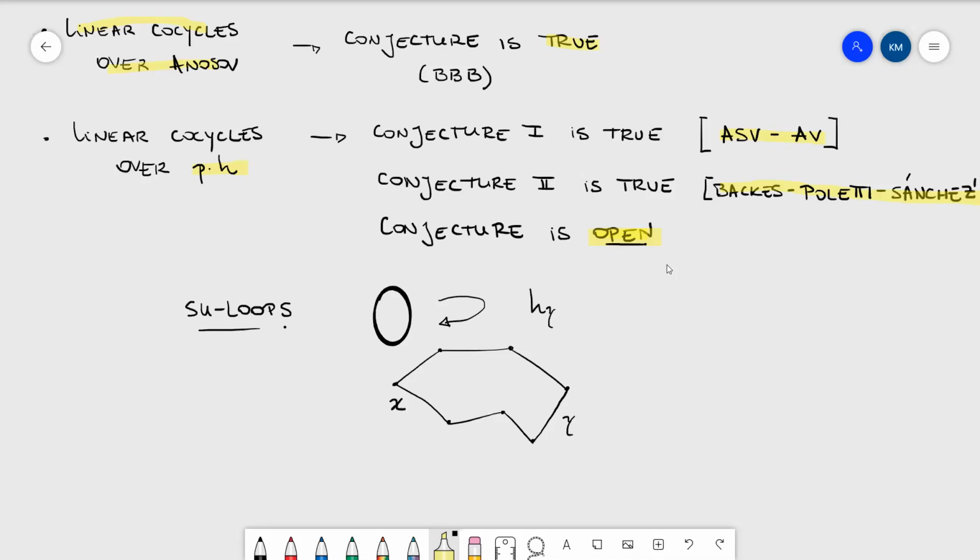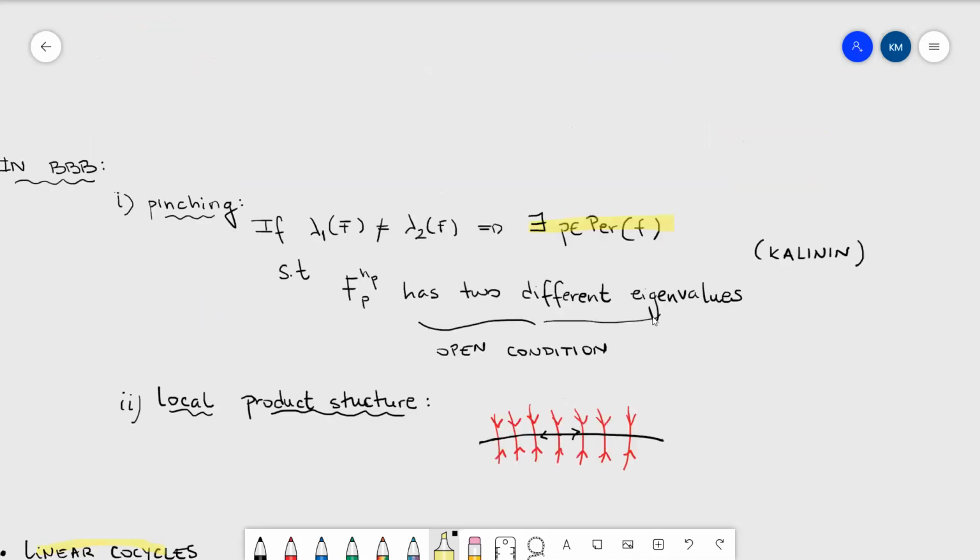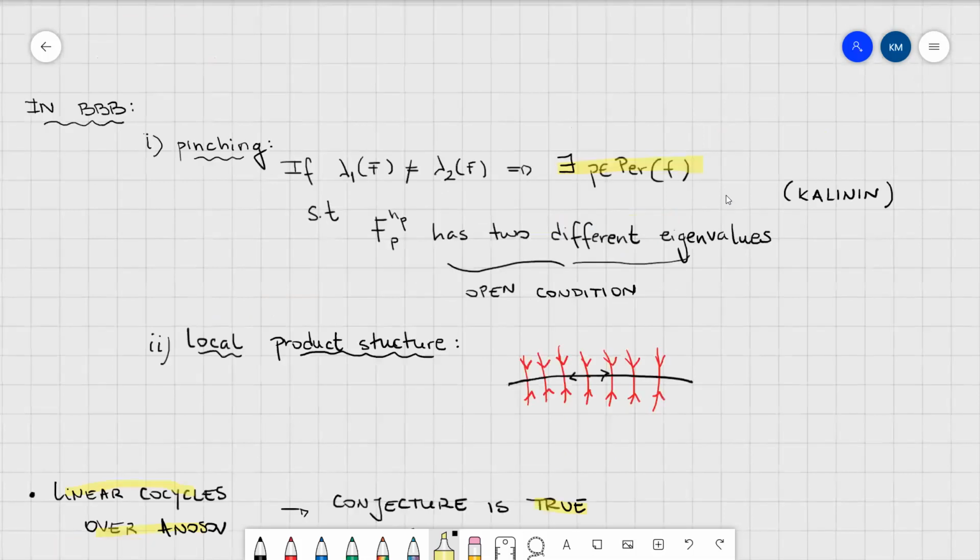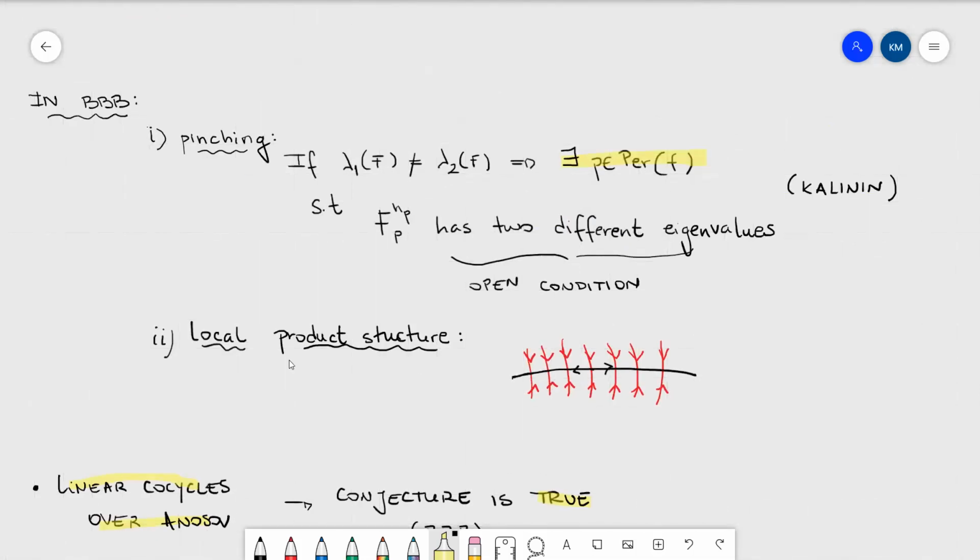So why do I have these SU loops here? Because of the following. I told you that in order to adapt the argument here, we have these two problems. We have this pinching problem and we have the local product structure.